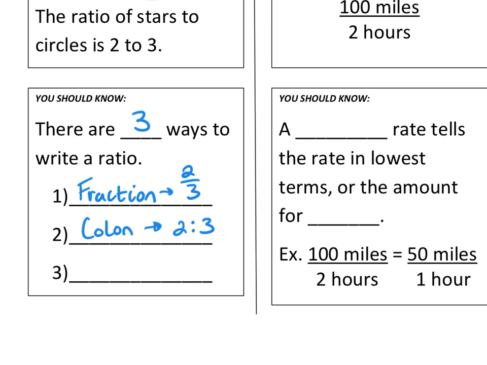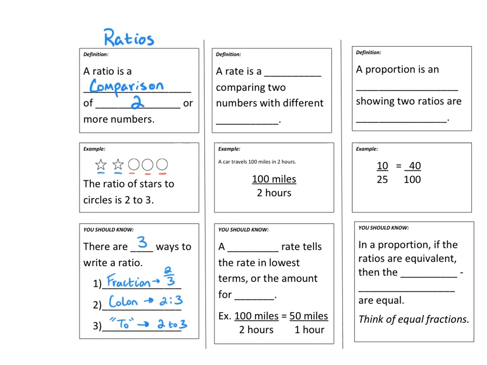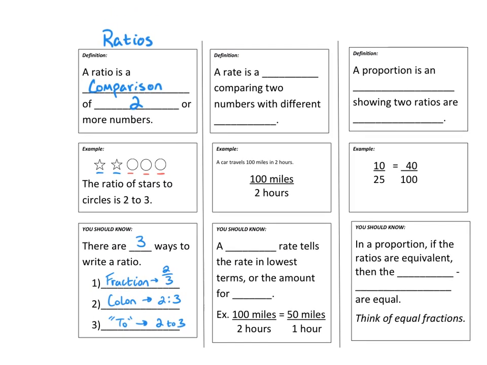For 2 stars, there are 3 circles, 2 to 3. Or you could do exactly as the example above did and use the word to, as in 2 to 3. All of those are the 3 ways that you can write ratios. So a ratio is a comparison of 2 or more numbers.